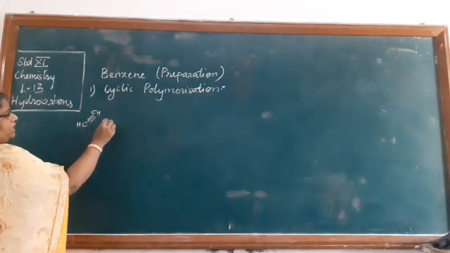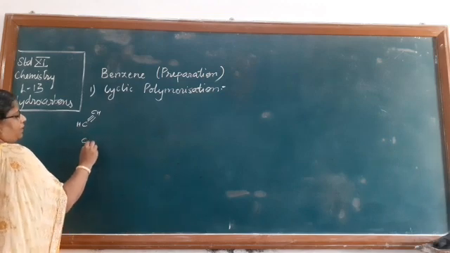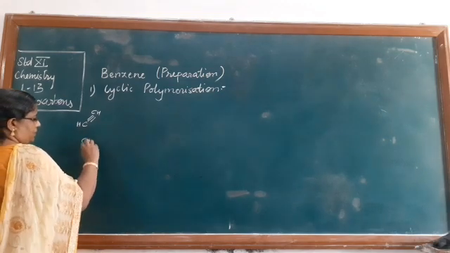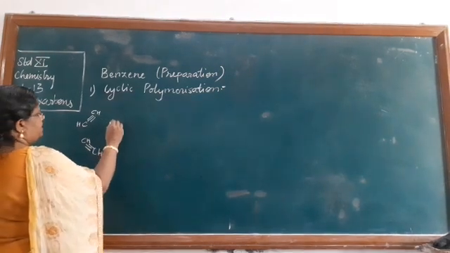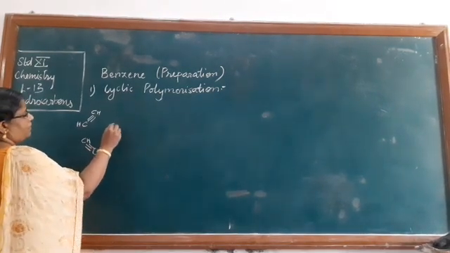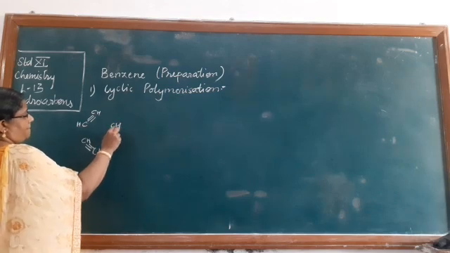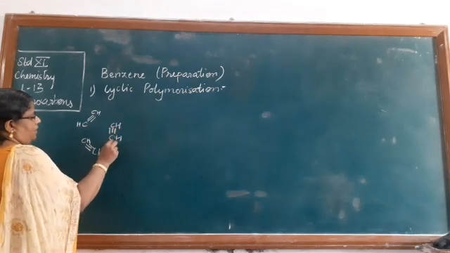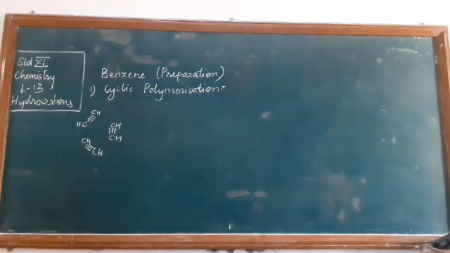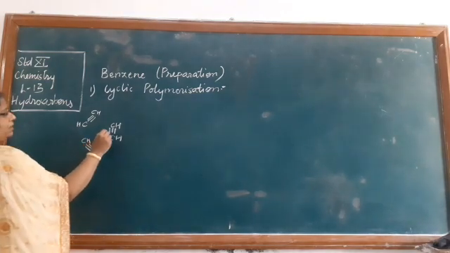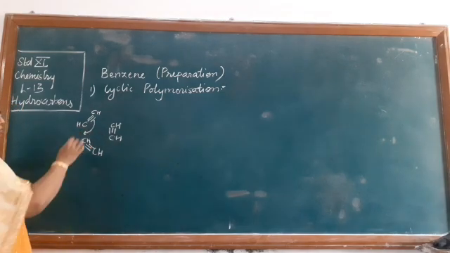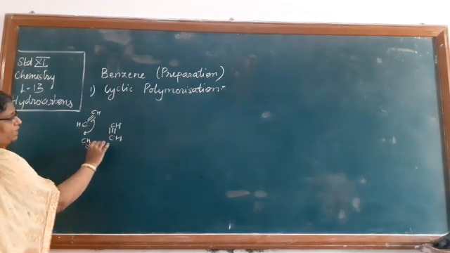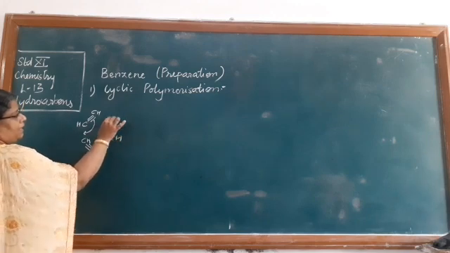So 3 molecules of ethyne. I am just putting it in this manner so that you can understand the structure of benzene. What is happening? You will find that one of the pair of electrons gets in between them here and here.